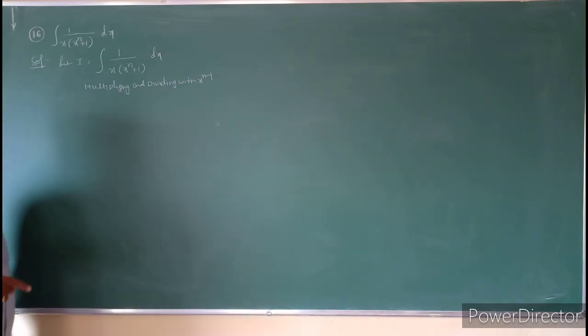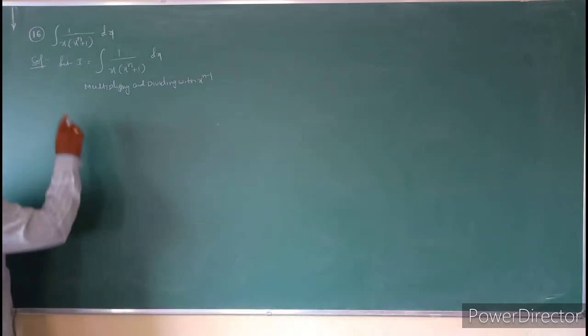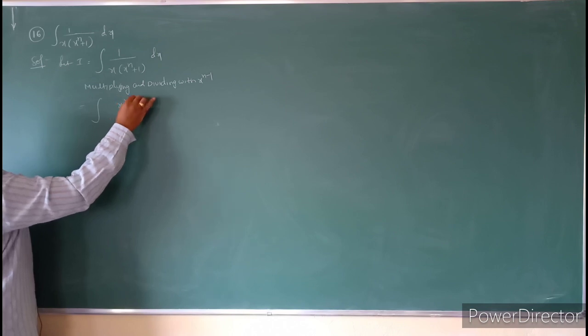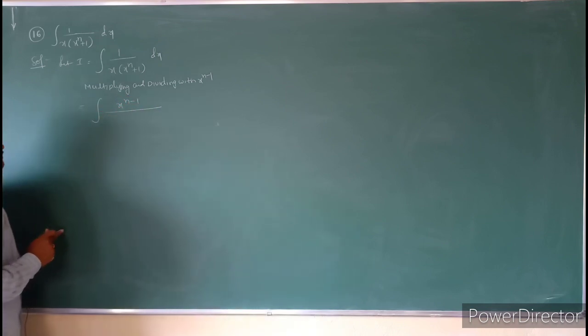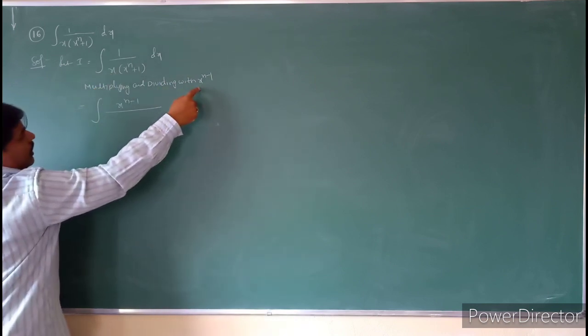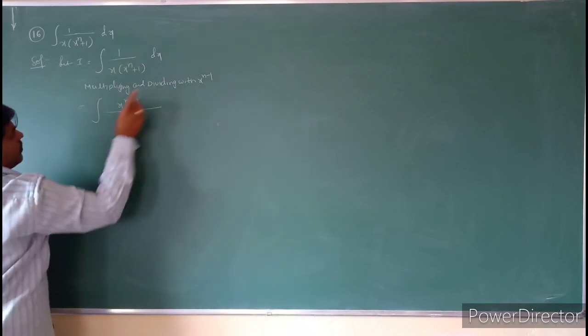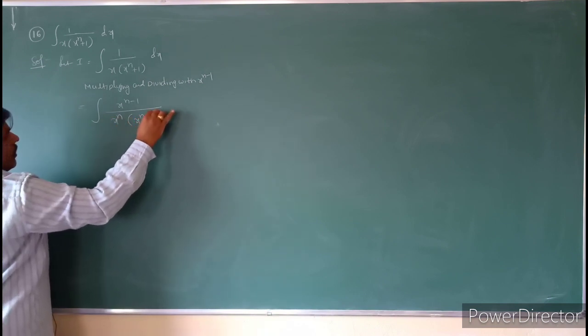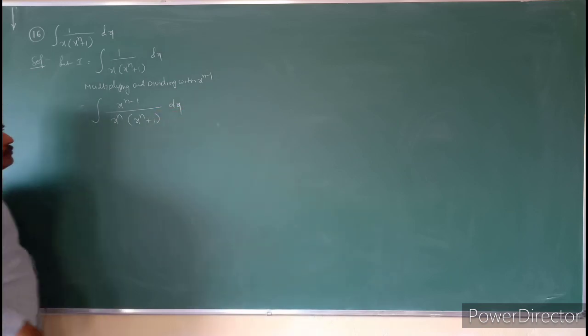I am multiplying and dividing with x power n minus 1. So what happens? x power n minus 1 by, I am also dividing, that means x power n minus 1 into x, so it will become x power n into x power n plus 1, dx.